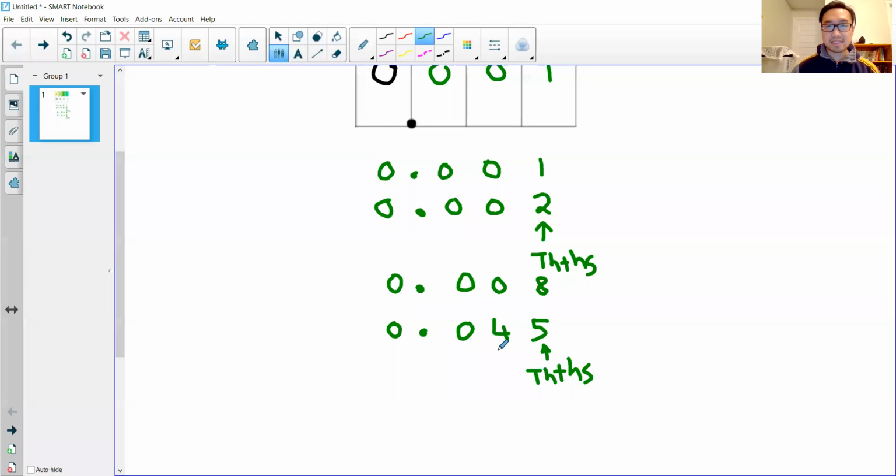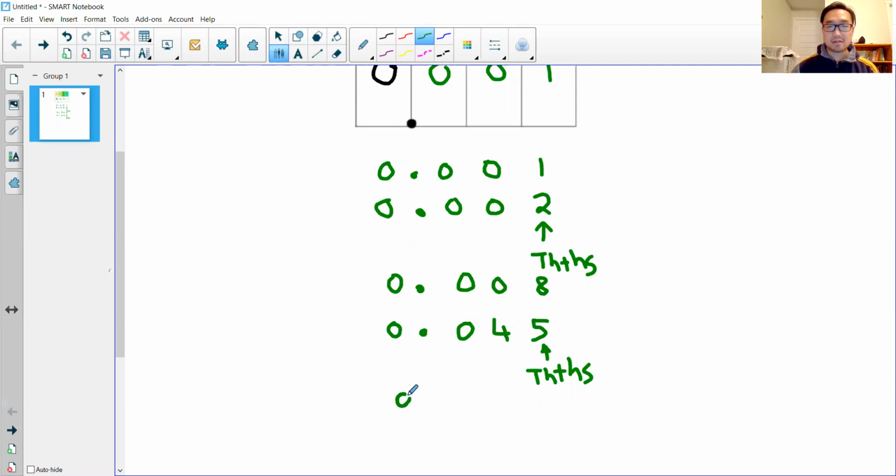Notice that I don't say 4/5,000ths. I'm looking at the 45 and I'm looking as if this wasn't here, and I would say this as 45. So this is 45 thousandths.